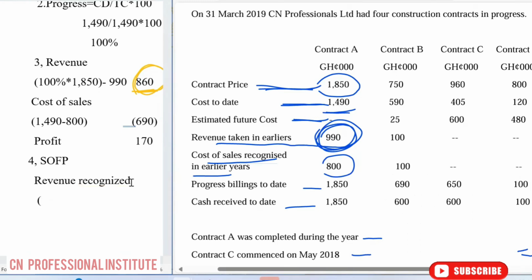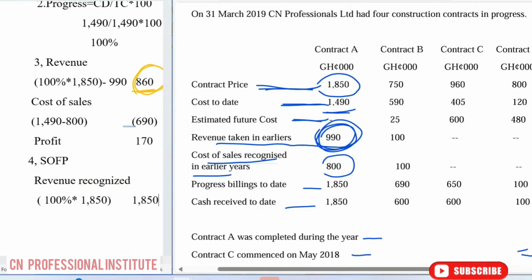It could either be the 860 that we are recording in this year, plus the 990 we recorded in the previous year. Or it could just be the progress rate, the 100%, by the 1,850, and that will give us the whole 1,850.